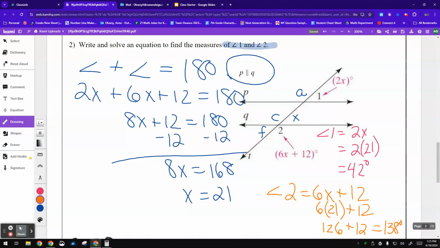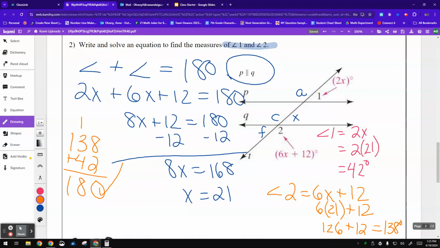Can I do something to check before I move on? It doesn't ask me to, but I'm a mathematician and I want to really bad. What can I do? 138 plus 42, 180. Woohoo! It works. Mathematicians want to know they're right.